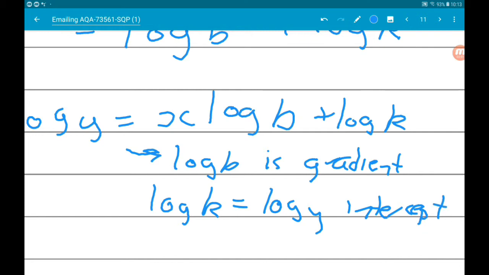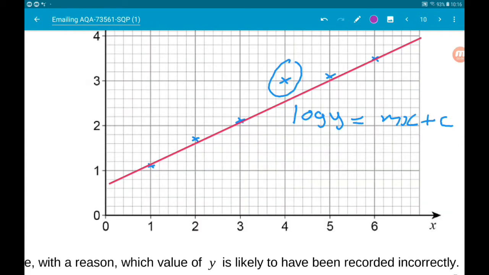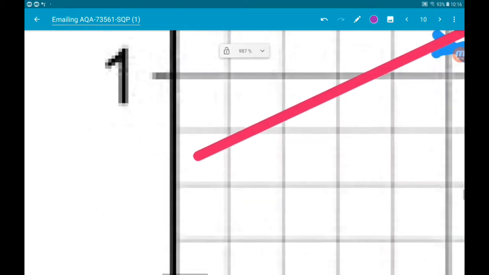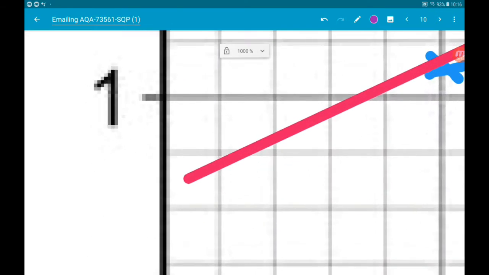So now using our graph, we can find log b and log k, and then we can find b and k. Okay, first up then, let's do log k. So log k is the point where the line hits the log y axis. So it's this point here, although my line doesn't quite make it.